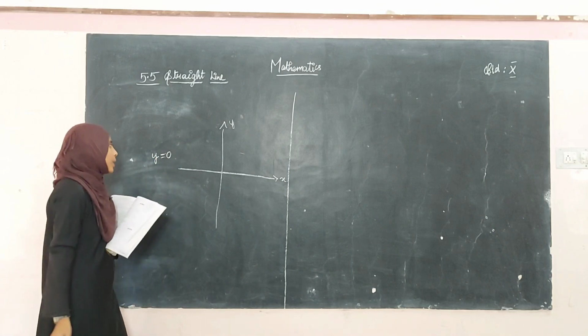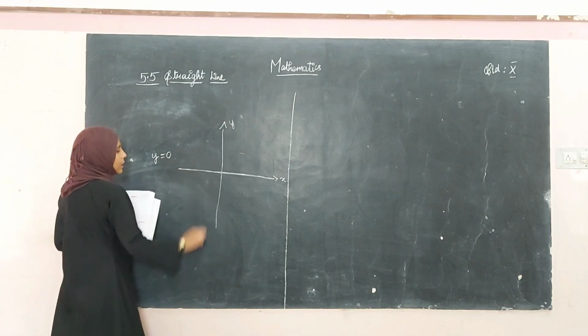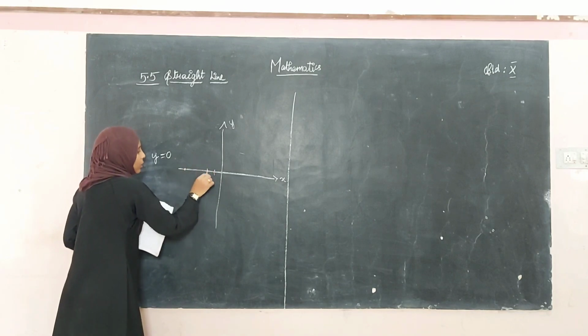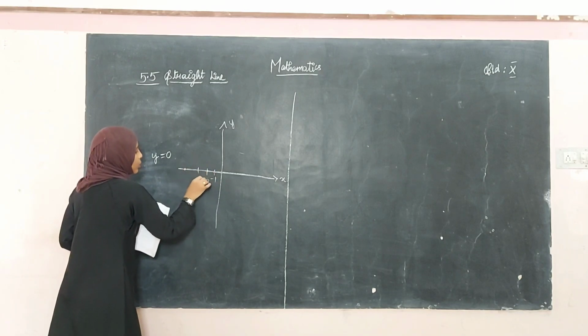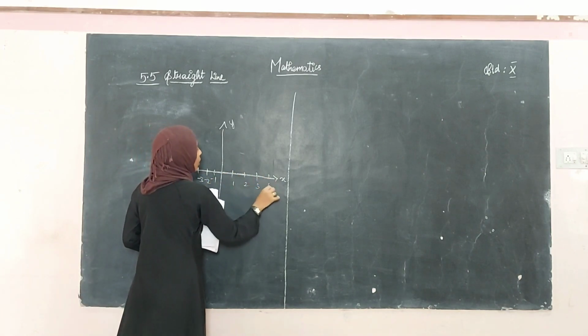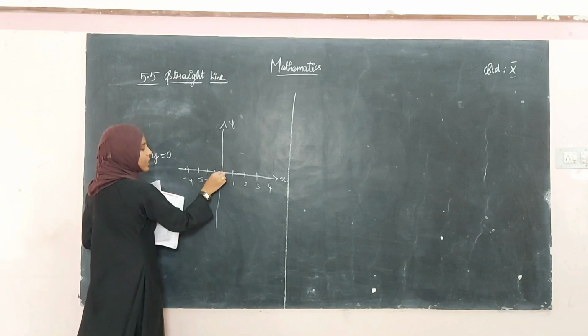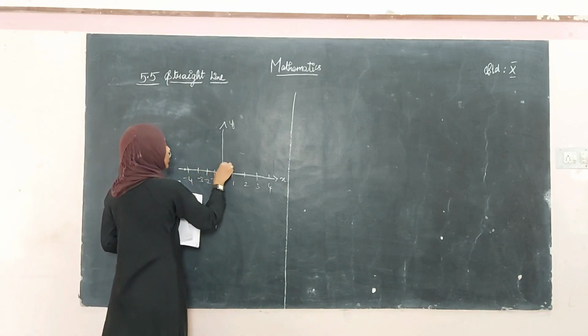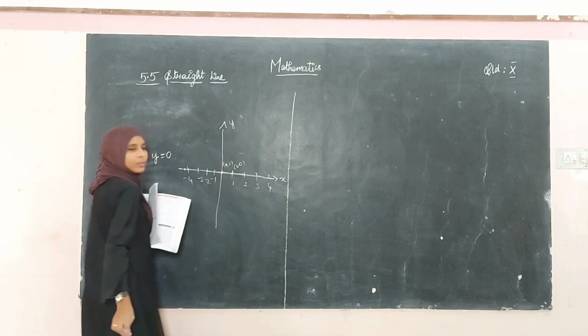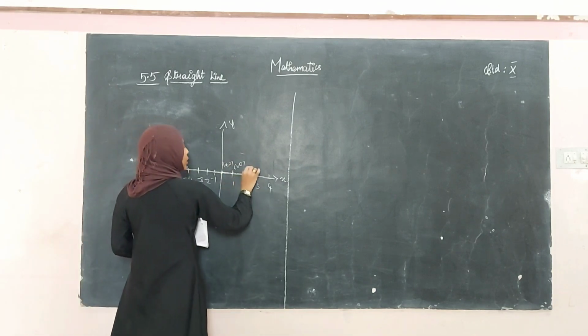Okay, so why are we saying y equal to 0 for this? Here we have 1, 2, and minus 1, minus 2, minus 3, minus 4. This is 1, 2, 3, 4, right? So what is this point? It is 0, 0, right? What is this point? It is 1, 0. This point is 2, 0.